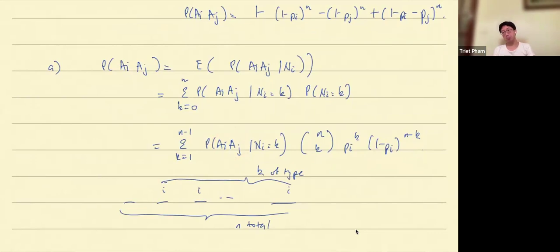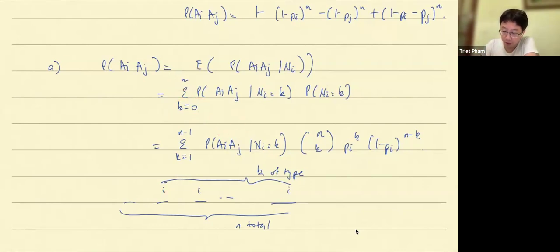What does that mean? Well, since we throw out 0, type I has already been present. AI is already there. And we throw out the n, so AJ is possible.